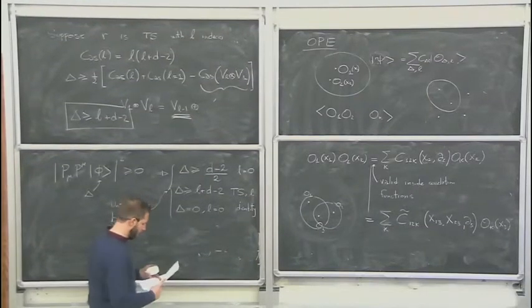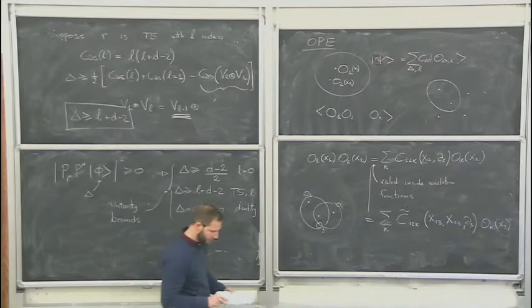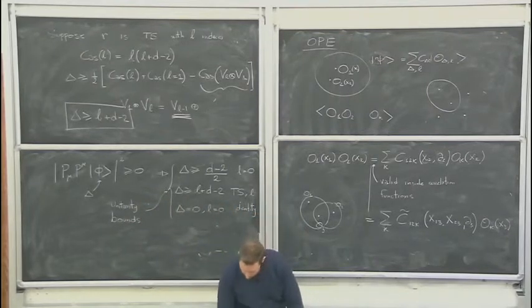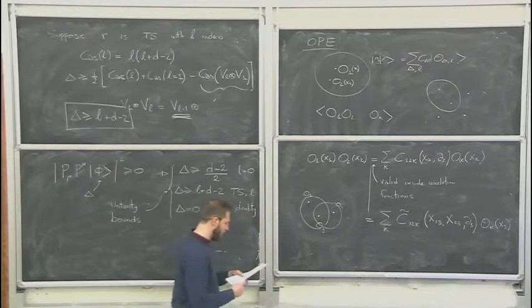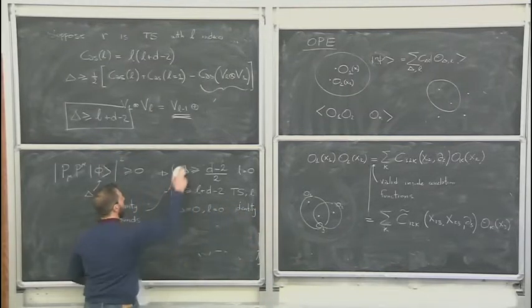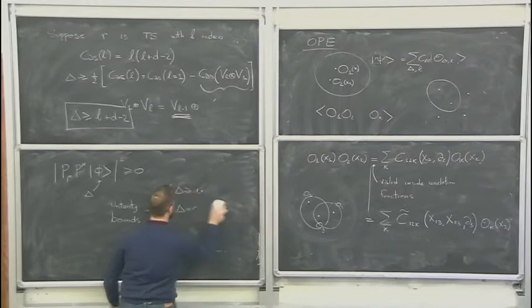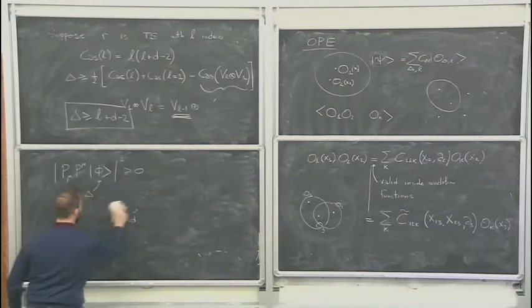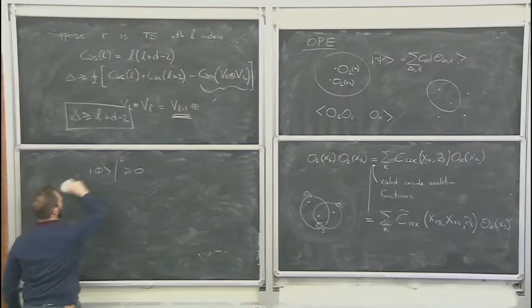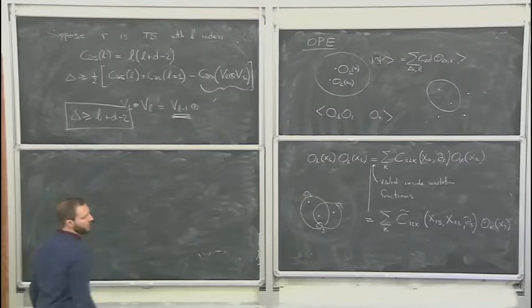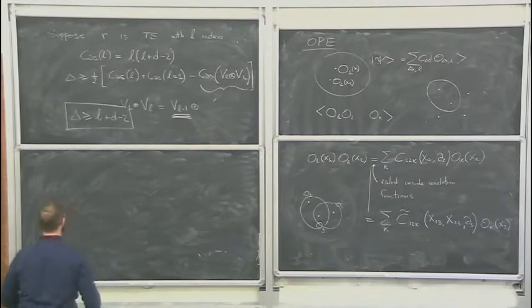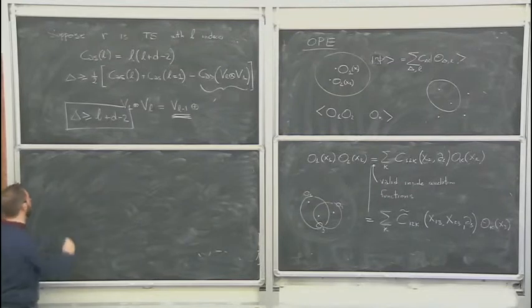It's so powerful because it allows us to compute correlation functions in terms of smaller correlation functions.